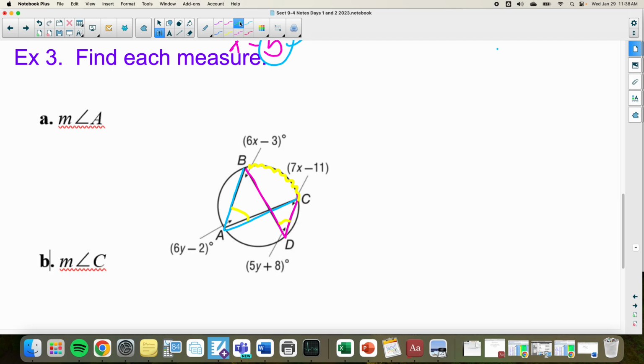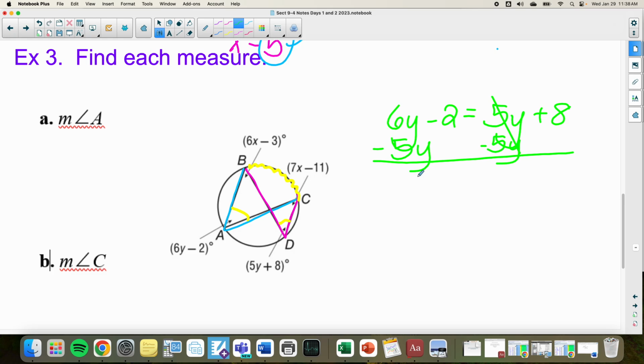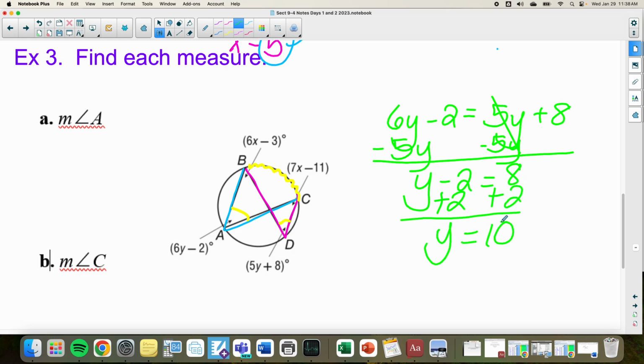So how I can say that then, angle A is 6y minus 2, angle D is 5y plus 8, and I just set them equal and solve that. So I'm going to subtract 5y, and I get y minus 2 equals 8. Then I'm going to add 2, and y is 10.